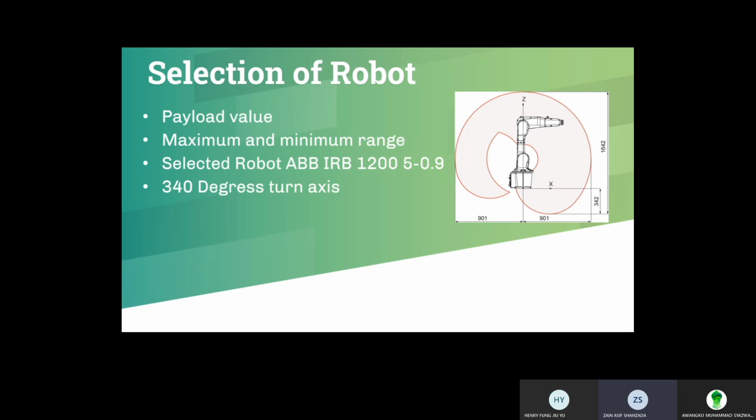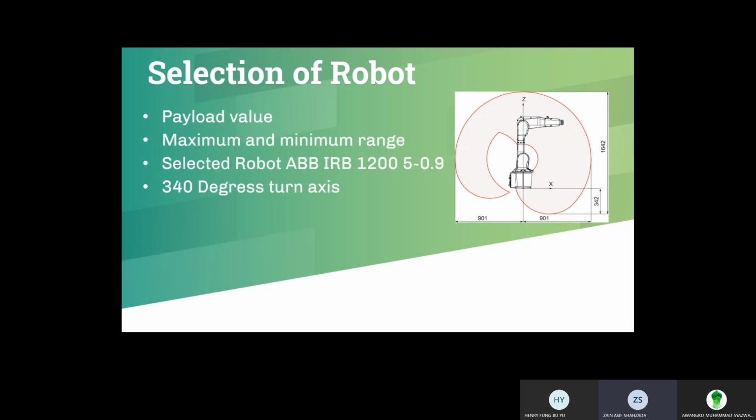The next attribute we wanted was the maximum and minimum range, because 11 components were being assembled. We didn't want to jumble everything up, so we wanted everything to be sorted perfectly. That is why the range we were looking for was more than 800 millimeters.